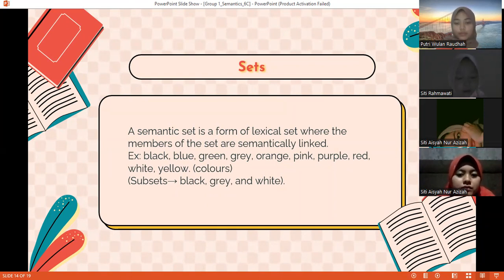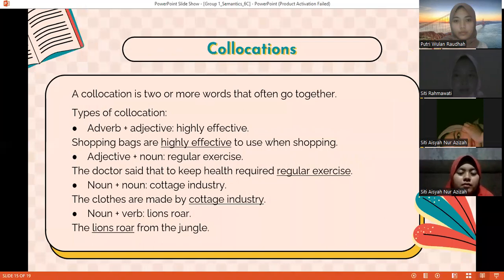And from these colors, there might be a subset: black, gray, and white. That's all for me. The next will be continued with Putri Wulan.